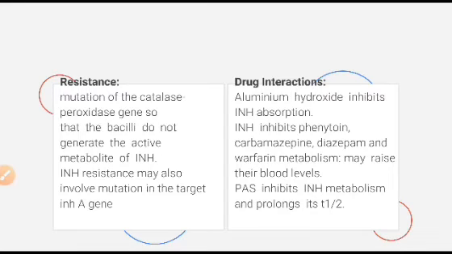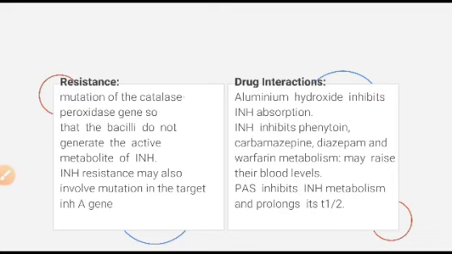The simple thing is that if the gene for that particular enzyme is mutated, then there will be no correct enzyme to convert the INH into the active form, and then the INH is no longer effective. INH resistance may also involve mutation in the target INHA gene. So INHA gene can also get mutated. These are the reasons behind the resistance.